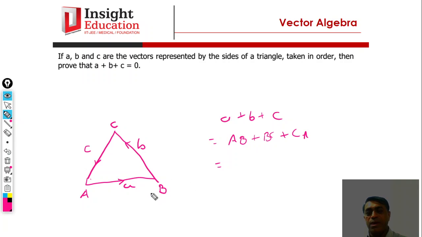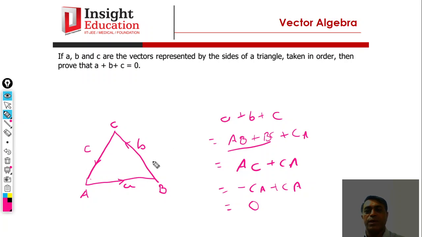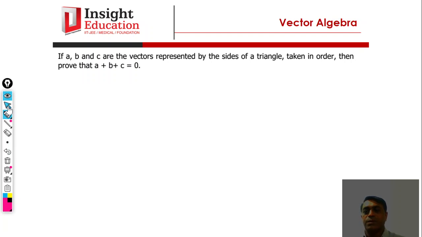So now AB plus BC, so that is equal to AC. AB plus BC is equal to AC plus CA. So AC plus CA, so that is minus CA plus CA and that is equal to 0. Okay. So basic geometrical examples.